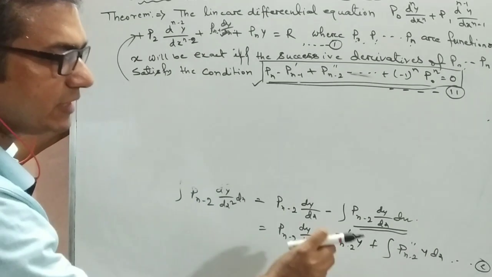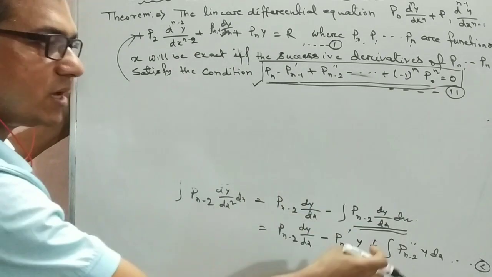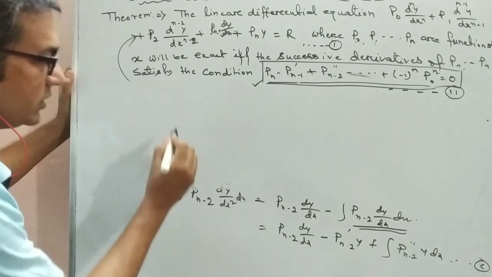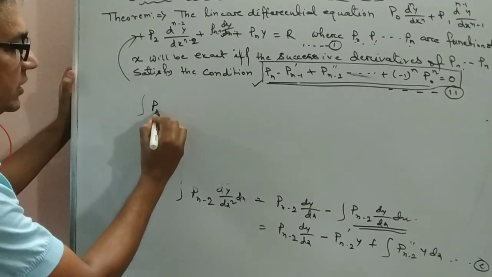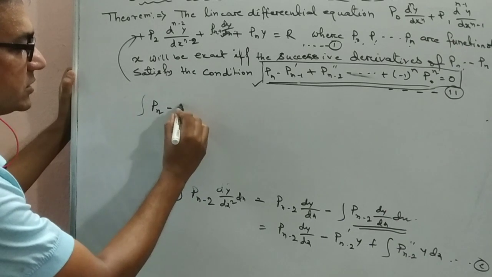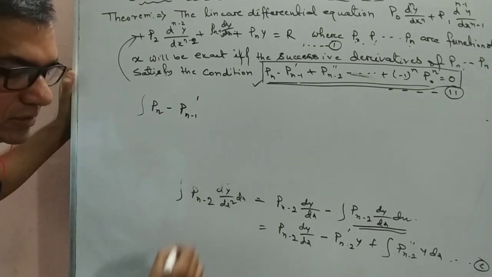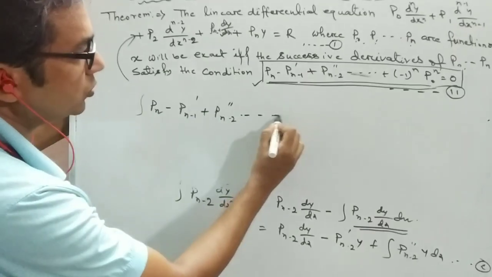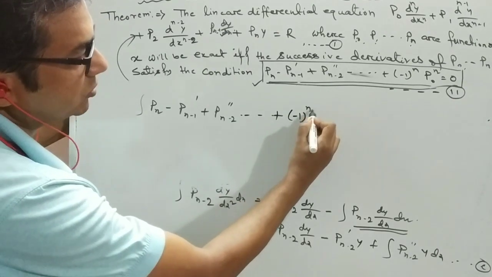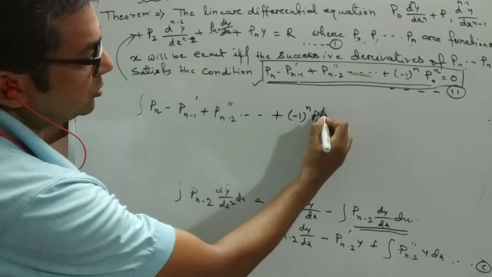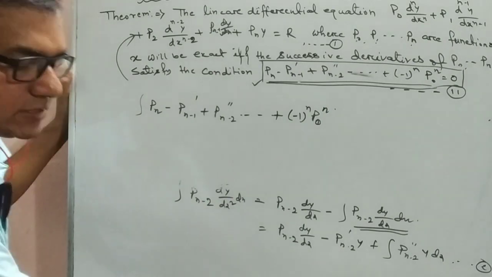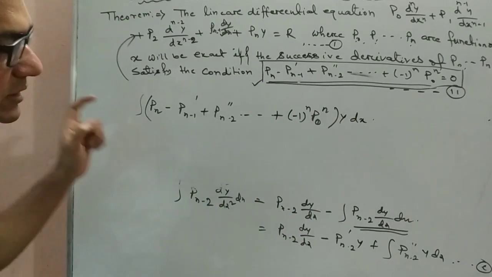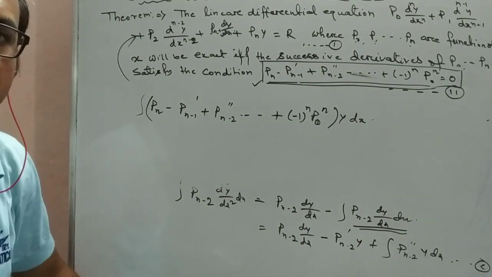So we first write the last term of the sum of all the results. Then we get the first term as the integral of P_n minus P_{n-1}' plus P_{n-2}'' and so on, up to the last relation, minus 1 to the power n P_0 with n-fold differentiation, into y dx. This is the sum of the last terms of all the relations.